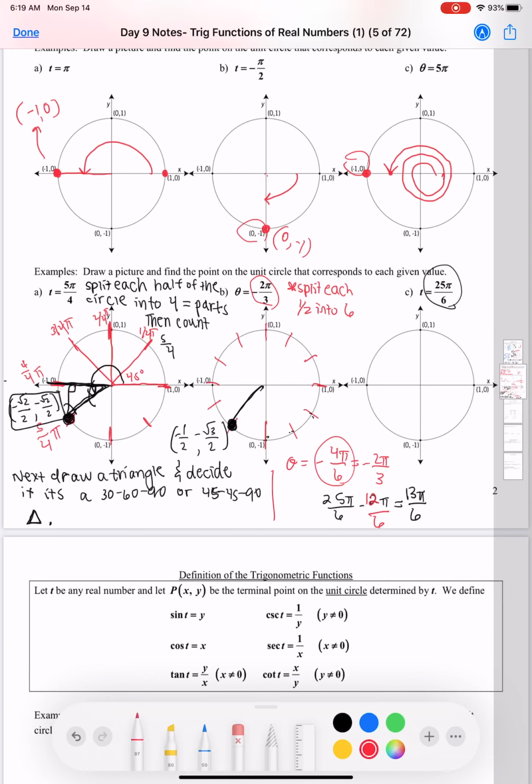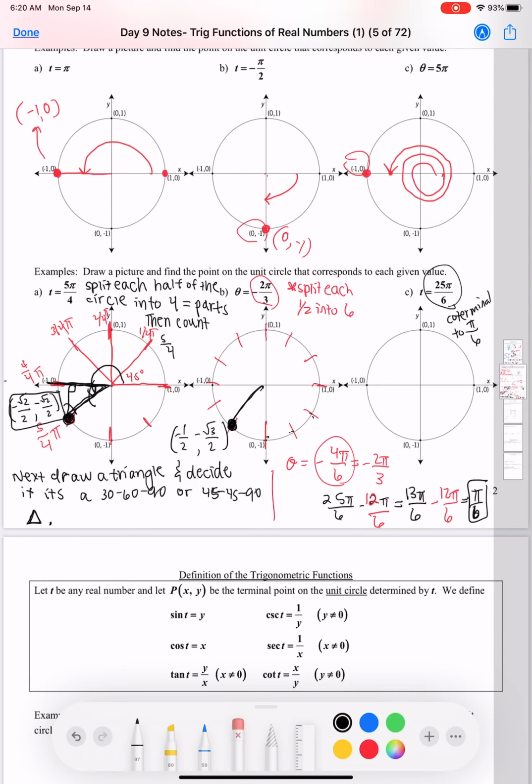Okay, and then I would do the same thing, minus another 12 pi over 6 because I'm not quite in my 0 to 2 pi range. And when I do that, 13 minus 12 is 1 pi over 6. Okay, so my coterminal angle is pi over 6.